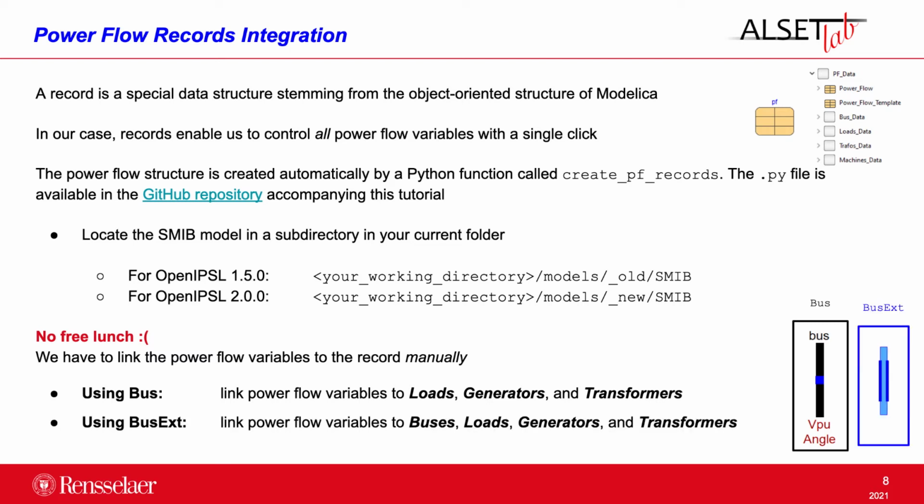However, if we use bus X, that is this blue bus that is more aesthetically appealing, then we have to provide the PowerFlow variables to buses, loads, generators, and transformers. So let's get started and create the PowerFlow record structure and link it to our model.